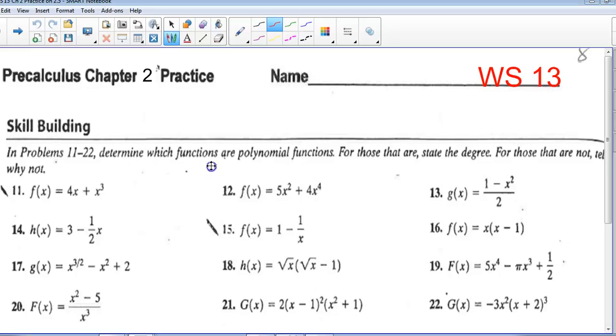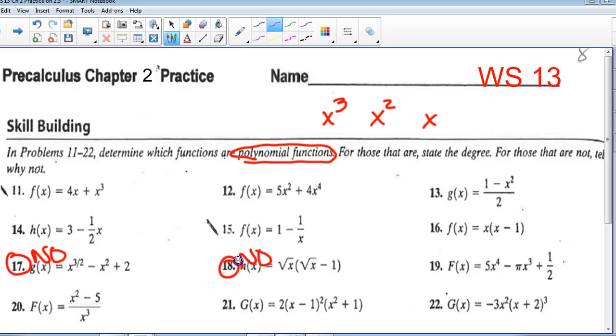The top says determine which are polynomial functions. A polynomial function can have fractions and decimals in it, except in the exponents. It's got to be like x cubes and x squareds and x's. So find one that's a no. 17 is a no. Okay? 18 is a no. All right?